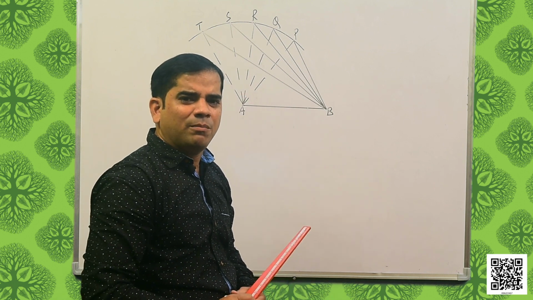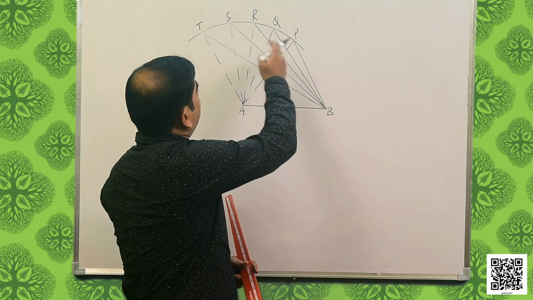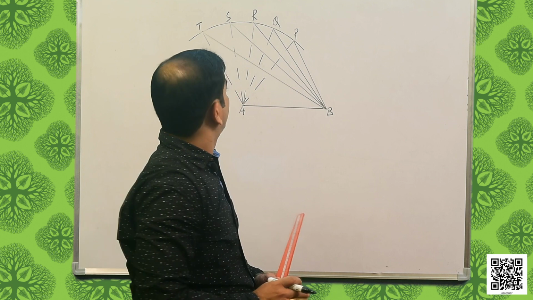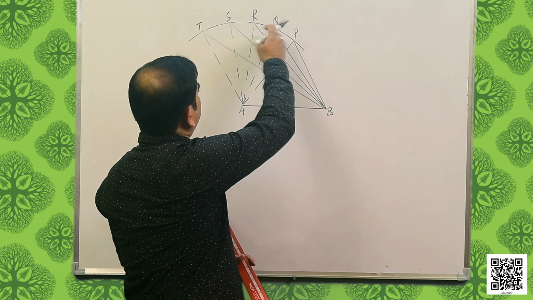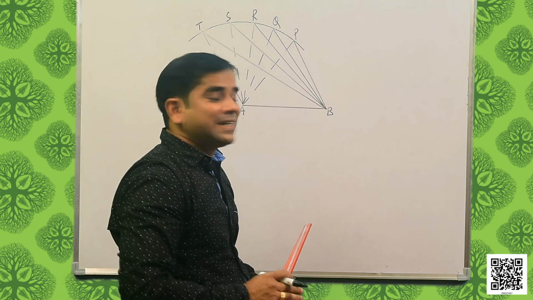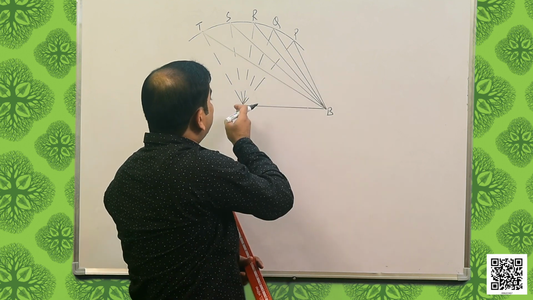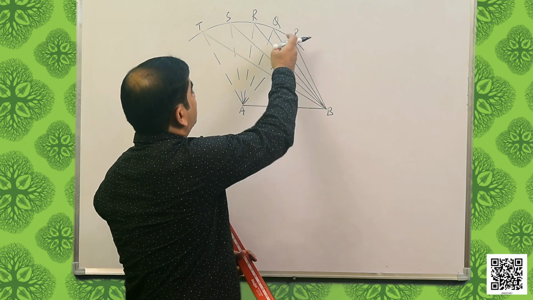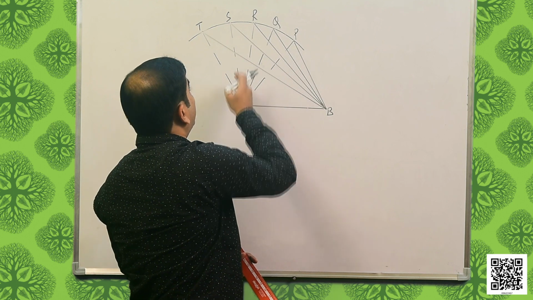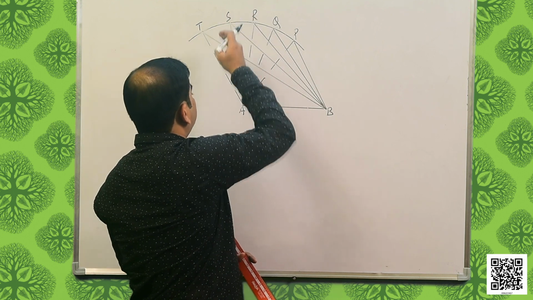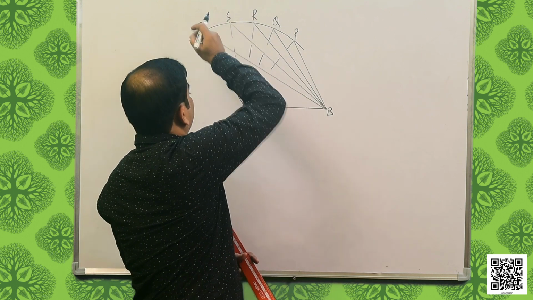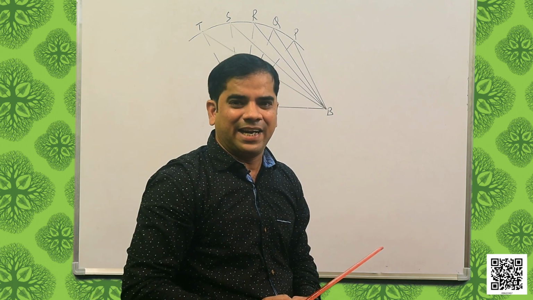Now, what we observe is that when we go from P towards T, the length of AP increases gradually. AP is smaller than AQ, is smaller than AR, is smaller than AS and is smaller than AT, isn't it?